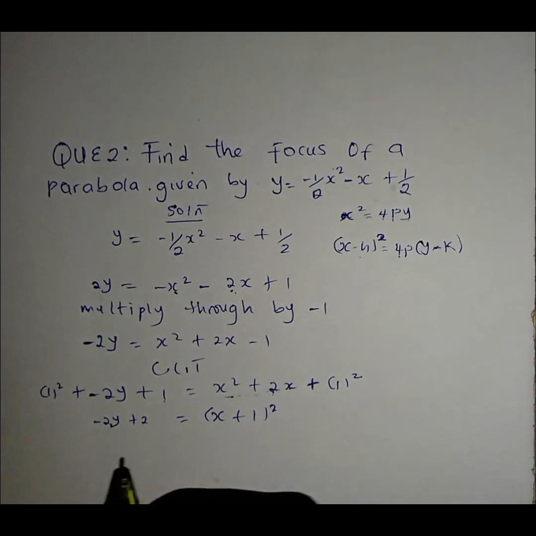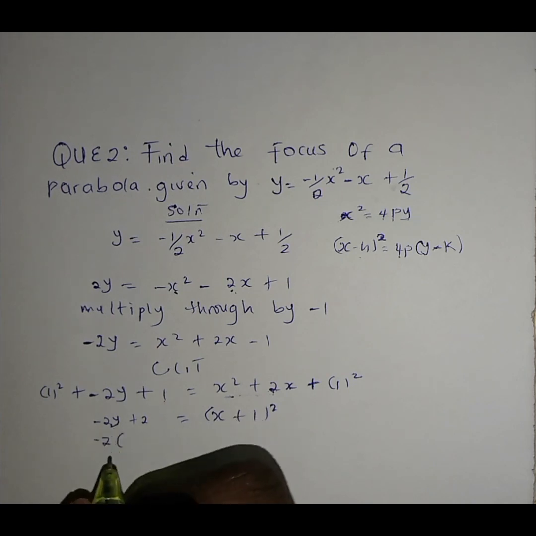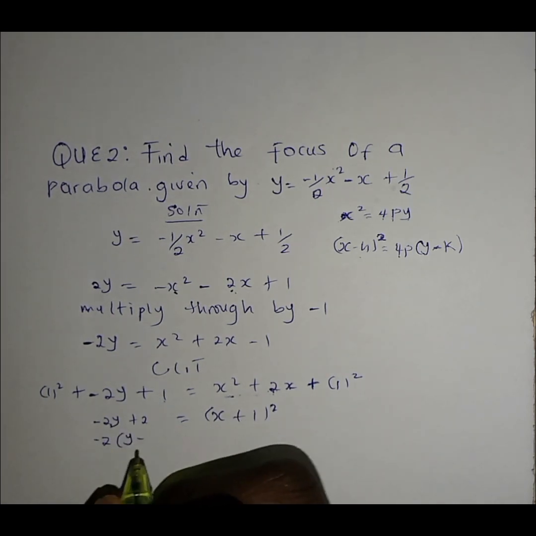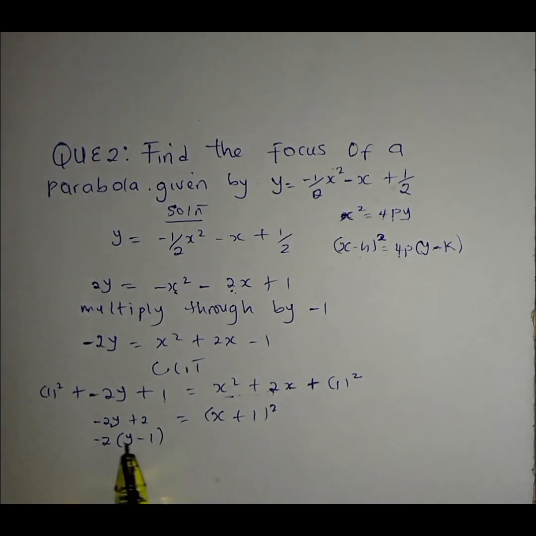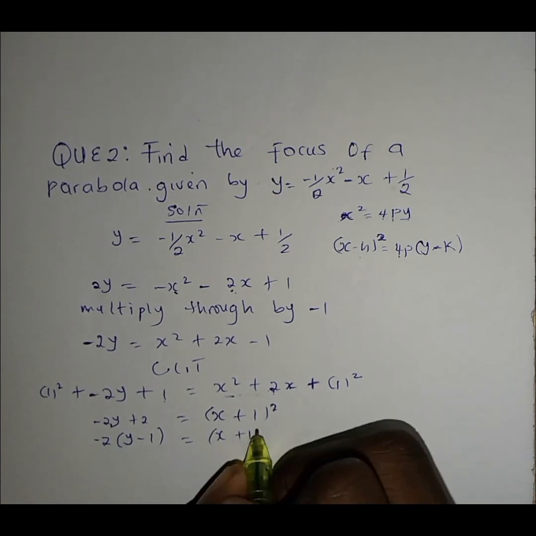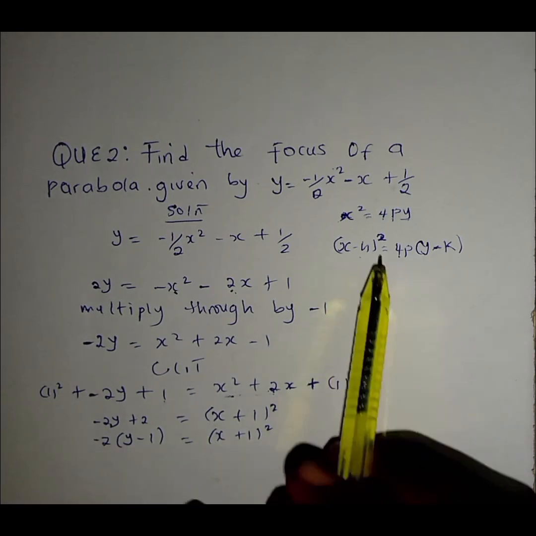So therefore it becomes minus 2 open bracket y minus 1. Now if you use this minus 2 to open this bracket, you get this back. Minus 2 times y is minus 2y, minus 2 times minus 1 is plus 2, equals x plus 1 squared. Now we have successfully solved this equation in this format.